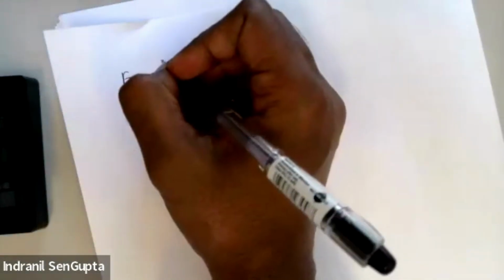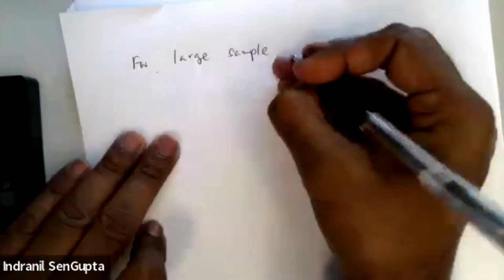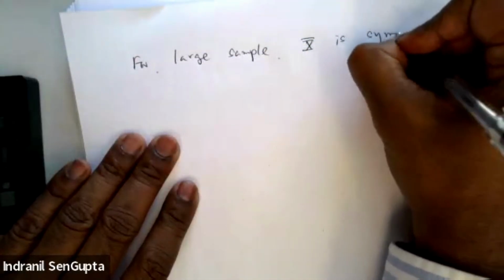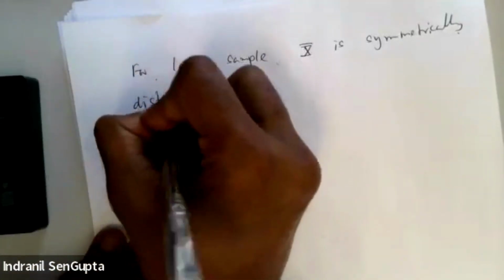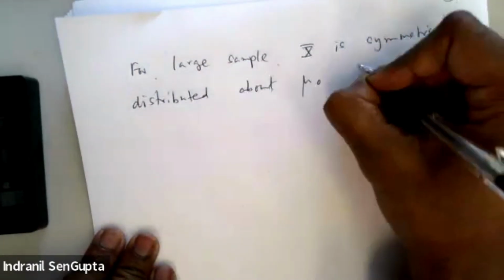Okay, so now we observe the following. For a large sample, this X bar is symmetrically distributed about mu zero, right?